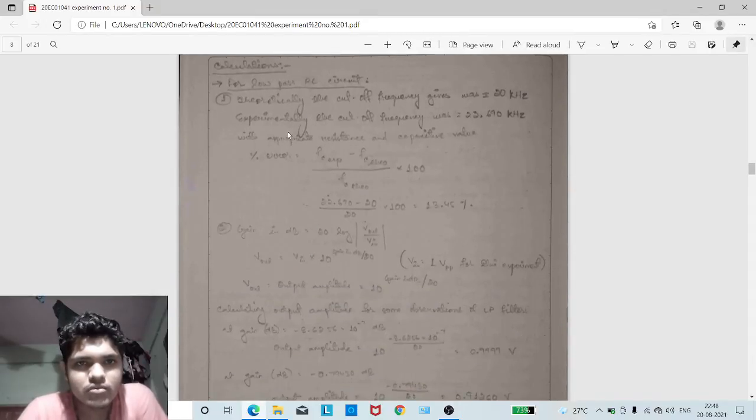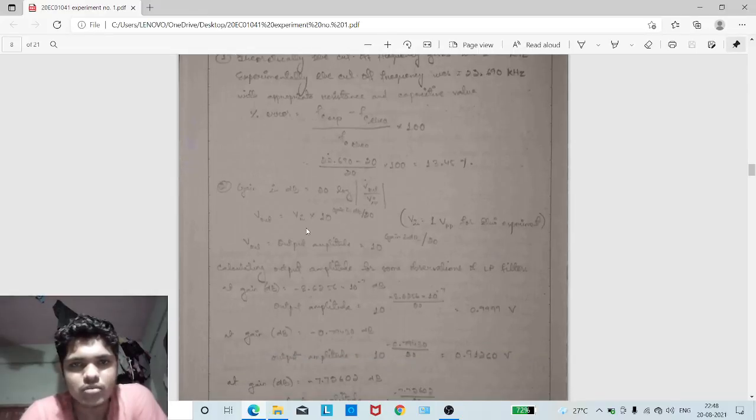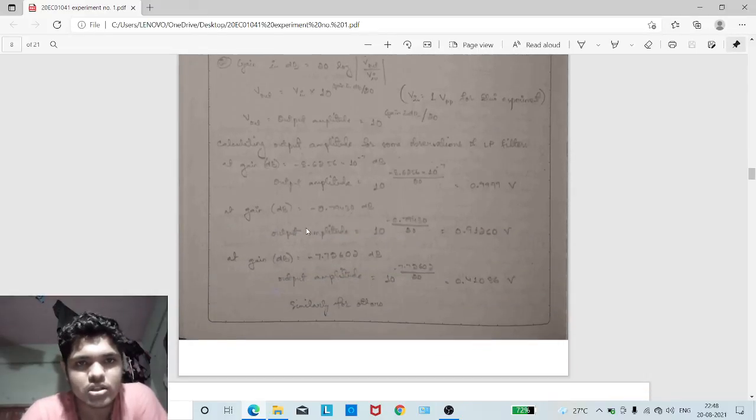And for the calculation, for the low pass RC circuit, theoretically the cutoff frequency we have taken is 20 kilohertz, and experimentally we have got 22.69 kilohertz with the appropriate resistance and capacitance values. For percentage error we calculate FC experimental minus FC theoretical, divided by FC theoretical, into 100. So we are getting around 13.45 percent error.